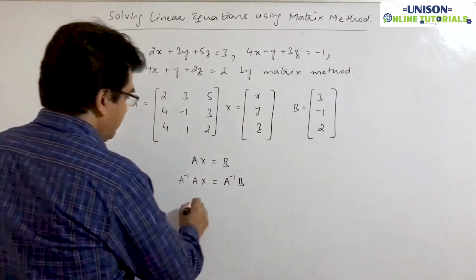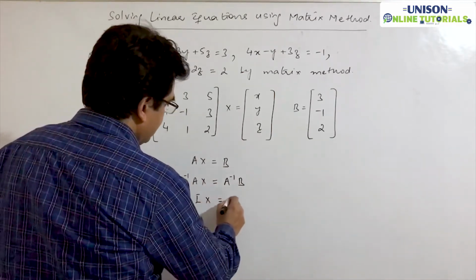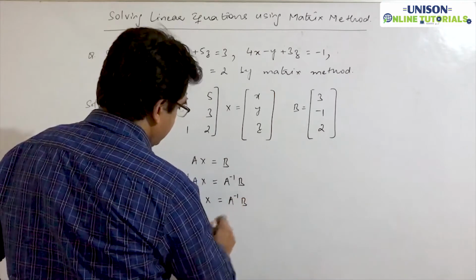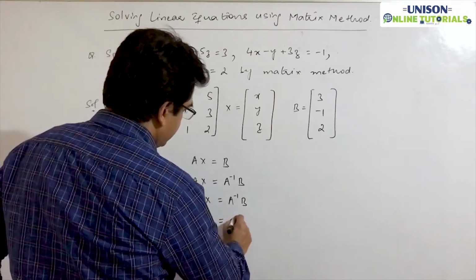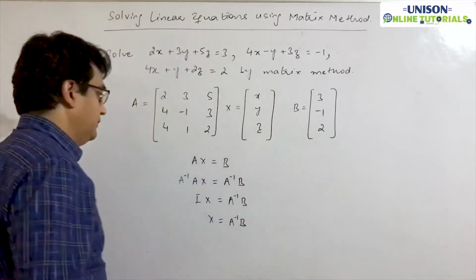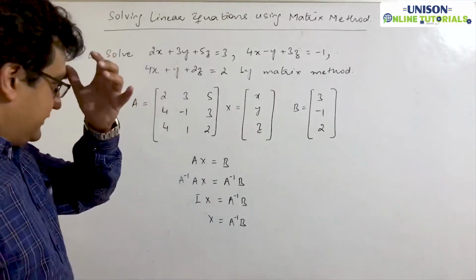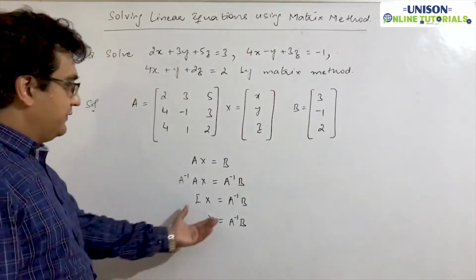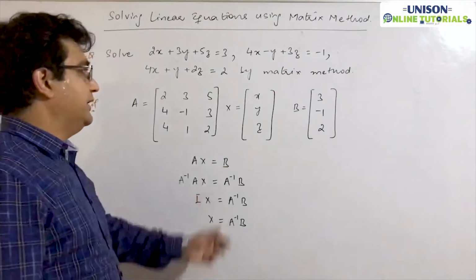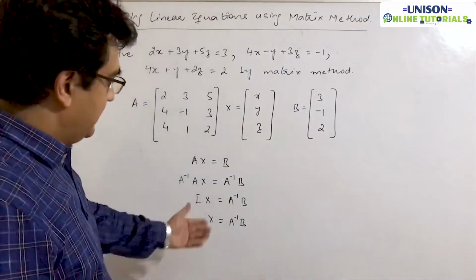A into A inverse is I. So X will be equal to A inverse B. So that is how we can calculate the value of X. So X is always written as A inverse B.